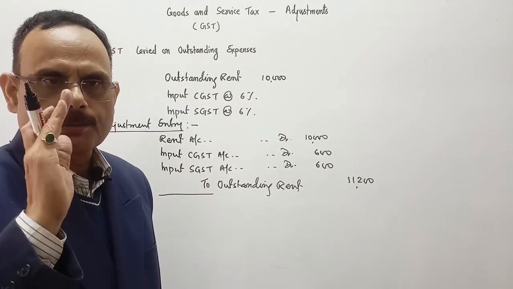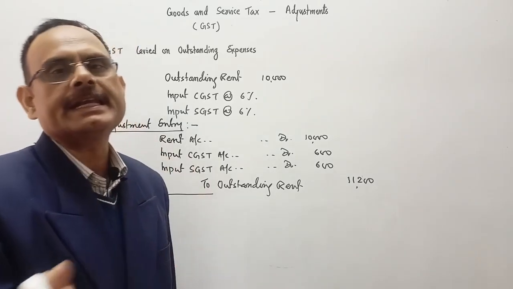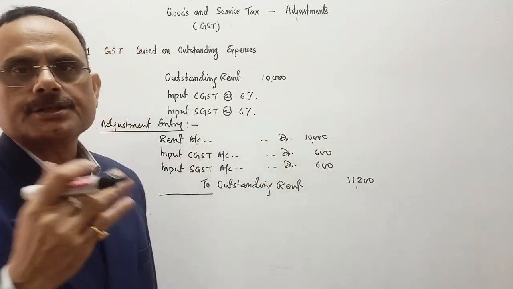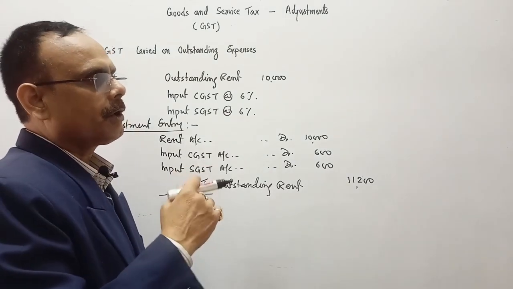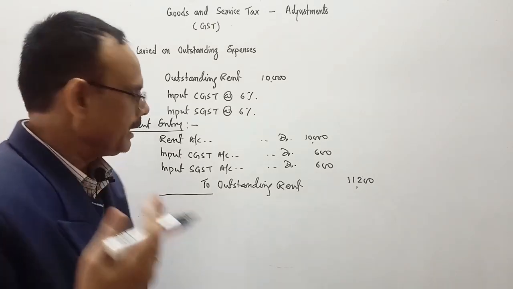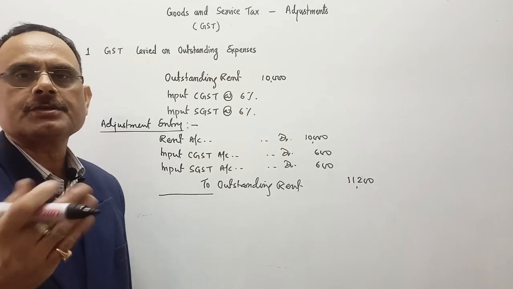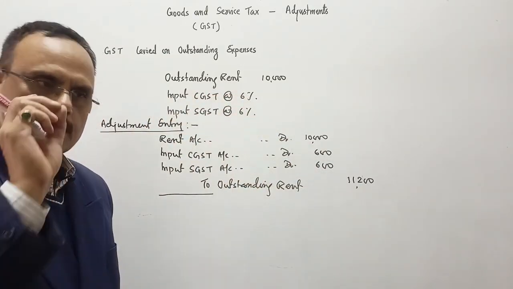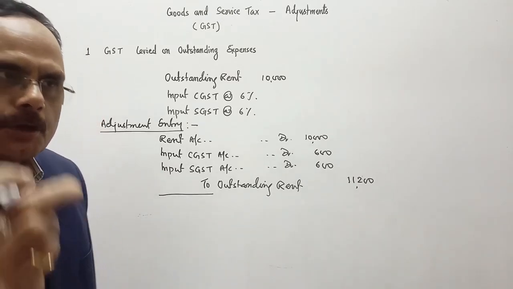If information of outstanding expenses or outstanding rent or any expenses is given inside the trial balance, then that is not an adjustment. Okay, so we will not calculate the input CGST and input SGST thereafter, because the treatment is already done.